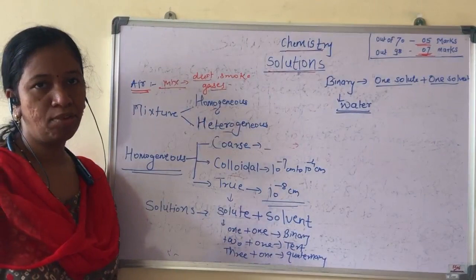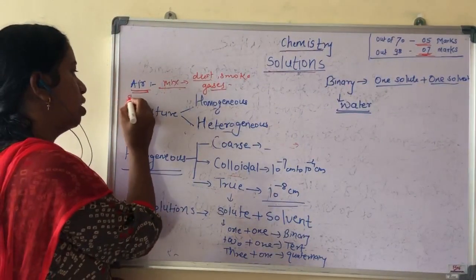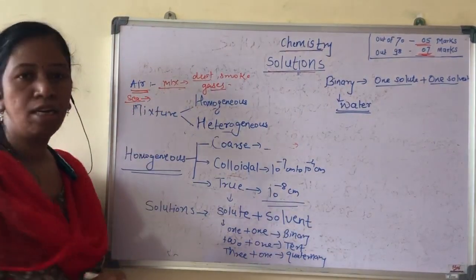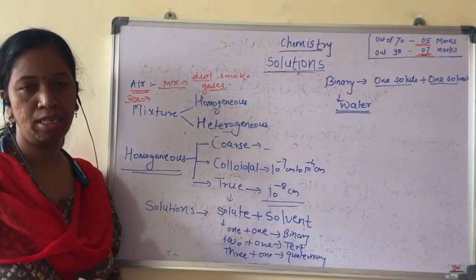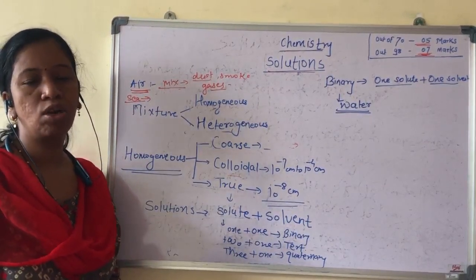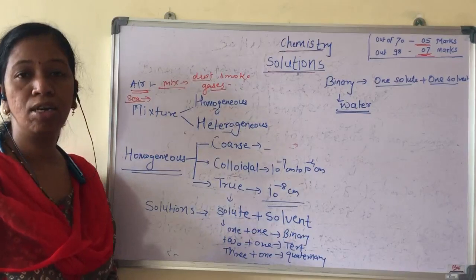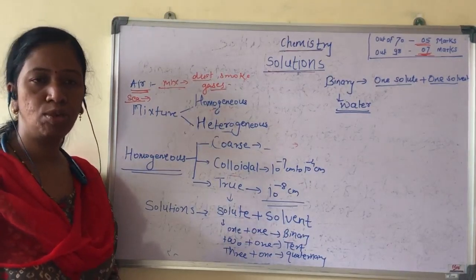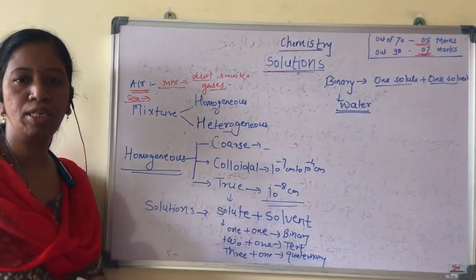Seawater is also an example of a mixture, which contains different types of minerals, water from different rivers, and dissolved gases, on which marine life exists.